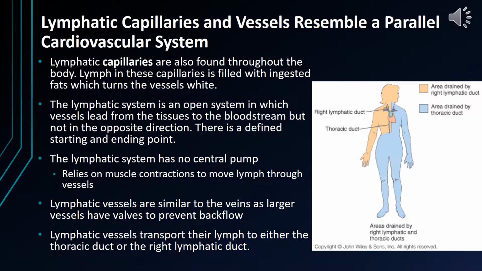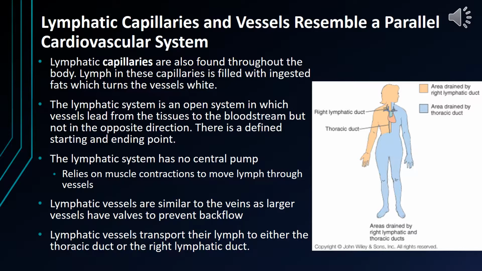The lymphatic system is an open system in contrast to the cardiovascular system, which is closed. This means that it has a defined starting and ending point, because the vessels lead from the tissues to the bloodstream, but not in the opposite direction. So lymph only goes from tissues to the bloodstream.